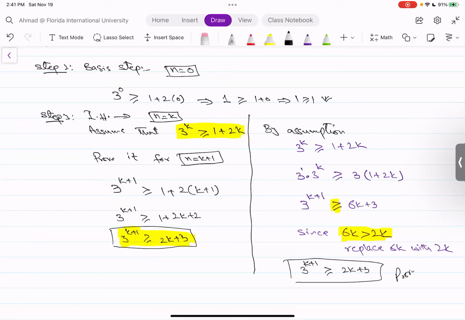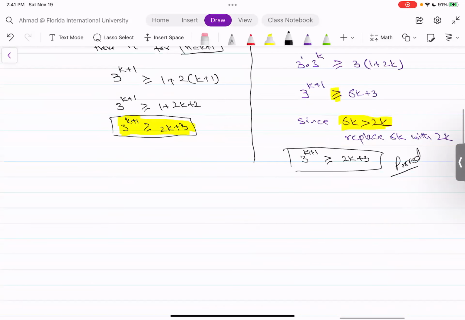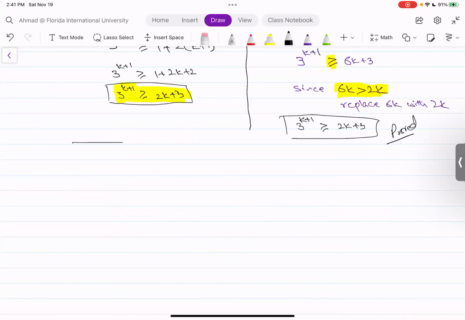Now, the way of proving is a bit different from what we have been using in our earlier examples. Okay, now let's see a few more examples. Let me write one more example here. So let's say example 2 for this video.